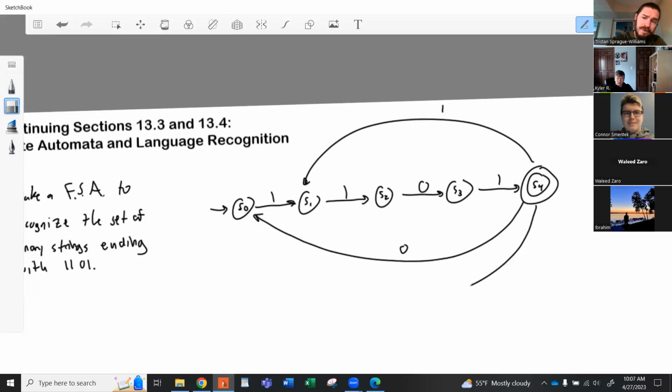I kind of intentionally made a mistake there, guys. You might think that if it gets anything, it interrupts the chain and it goes all the way back to the beginning. That sort of makes sense, except that if it gets a 1, then that could be the first number in the new string, right?